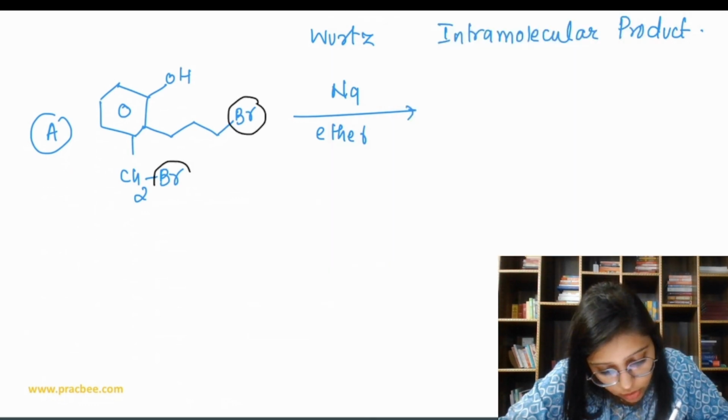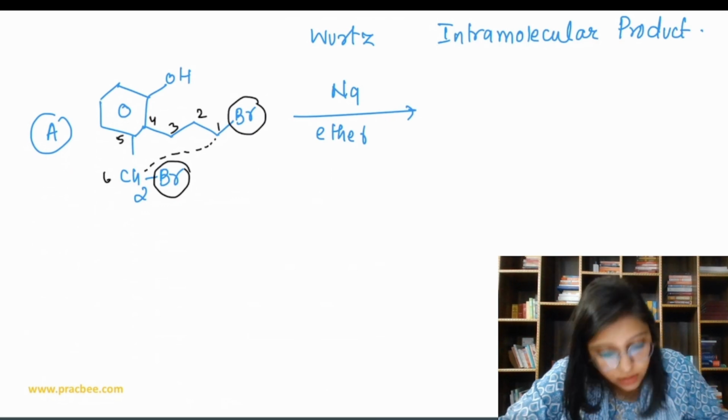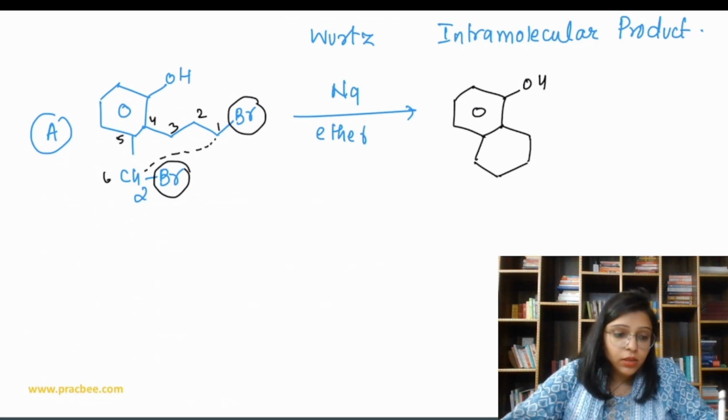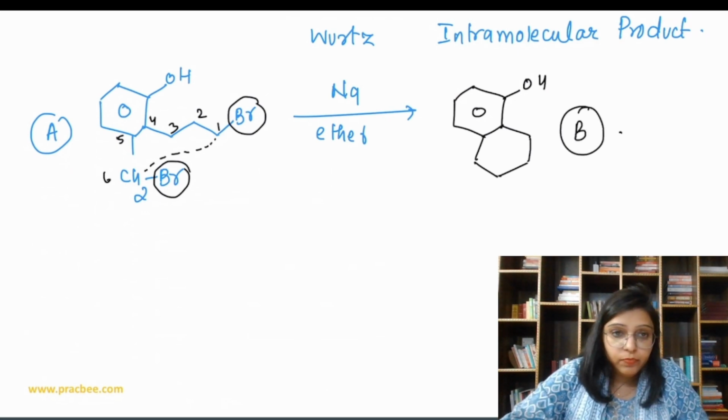Just remove Br and join this. So we get 1, 2, 3, 4, 5, 6. So we get a 6-membered ring, children. Okay? So here we write OH and here we can form a 6-membered ring. Clear? That's it. So this is going to be B.